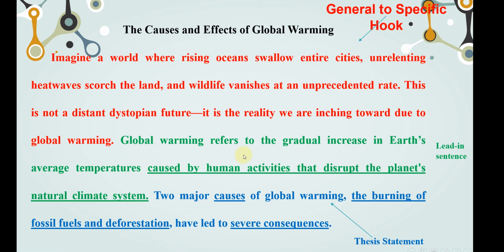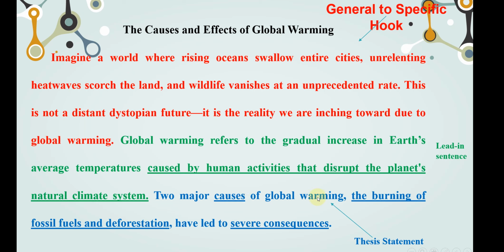Global warming refers to the gradual increase in Earth's average temperatures caused by human activities that disrupt the planet's natural climate system. So, as you can see in the lead-in sentence, I start narrowing down the topic. I tell the reader that in my essay, I'm going to talk about the causes of global warming in addition to mentioning some effects.